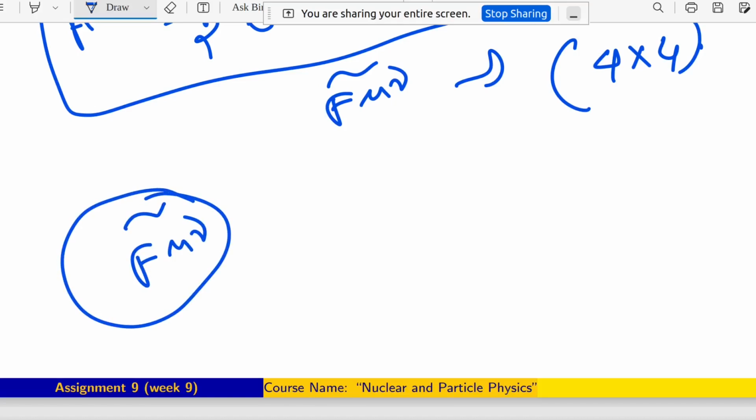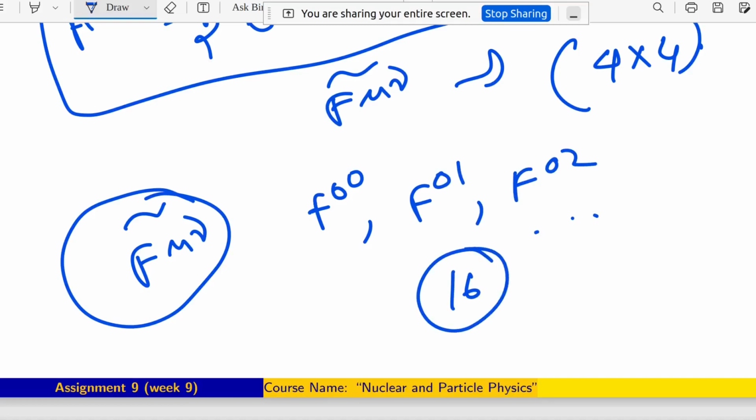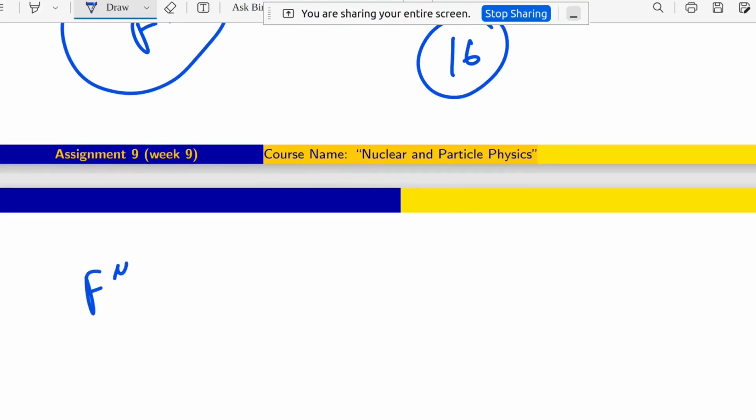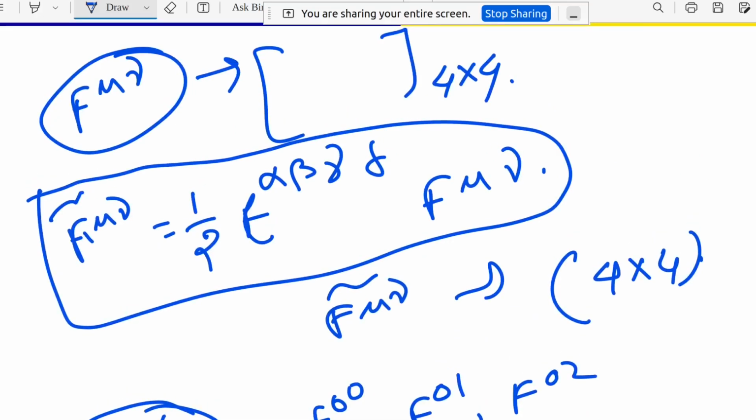F mu nu tilde means F00, F01, F02, like that there will be 16 terms. You can definitely calculate that, but I just wrote it down from the book. But with the help of this expression you can write each and every component for F mu nu tilde.